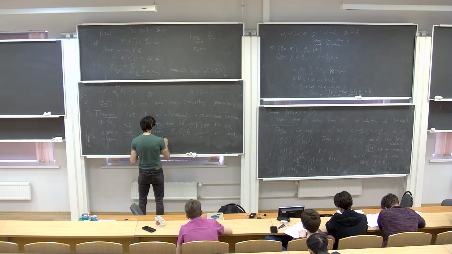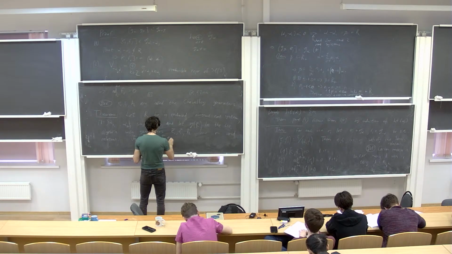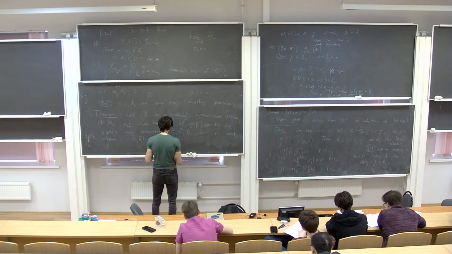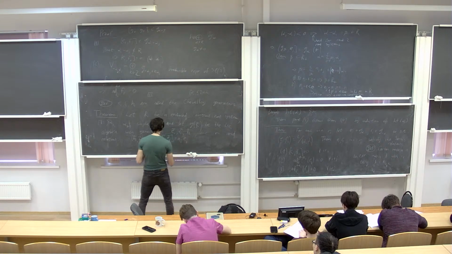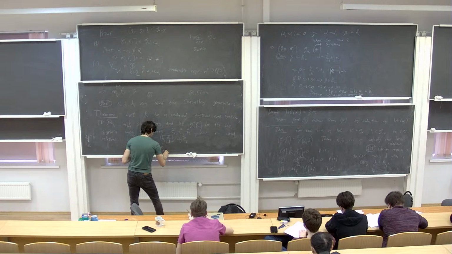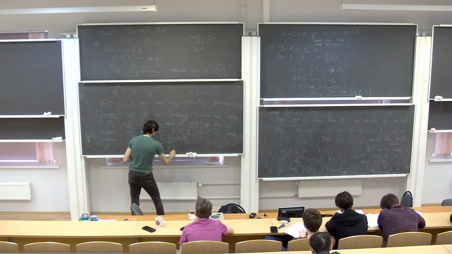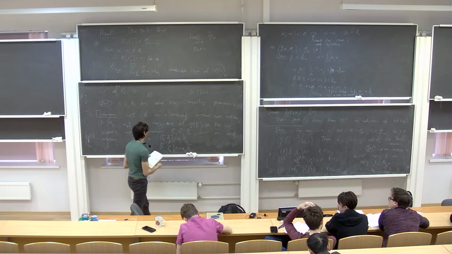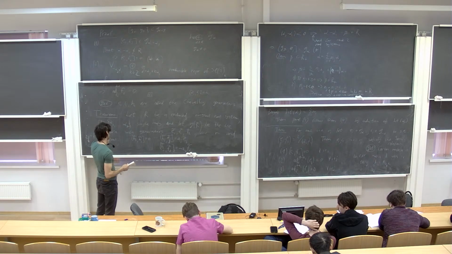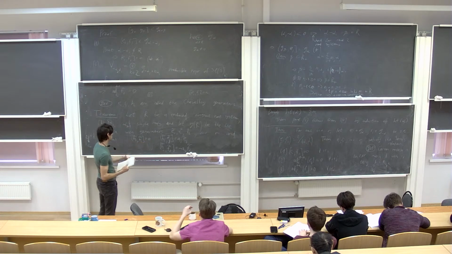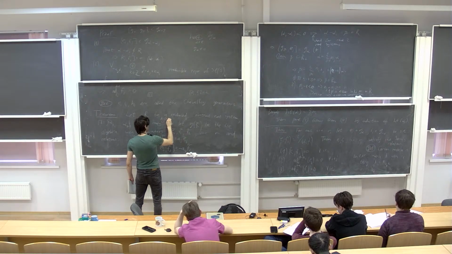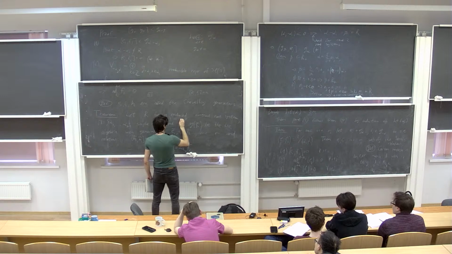Then the Lie bracket of H_i tilde with E_j tilde is a_ij E_j tilde, and H_i with F_j tilde is negative a_ij F_j tilde. Here a_ij is the Cartan matrix.